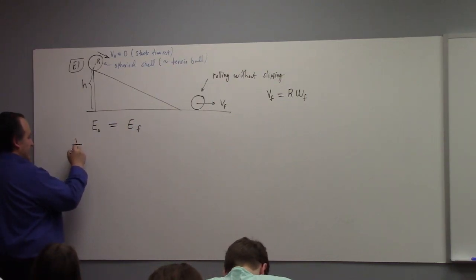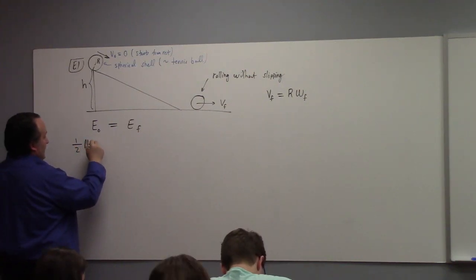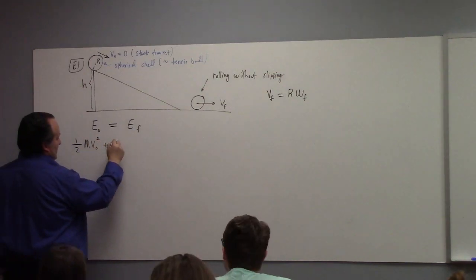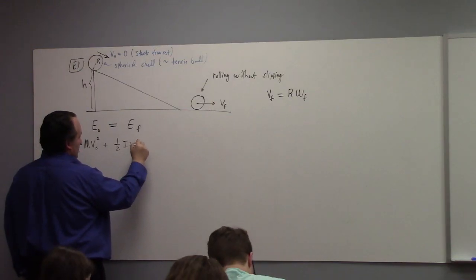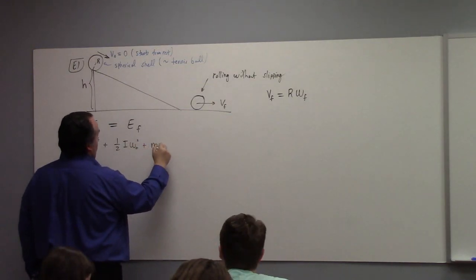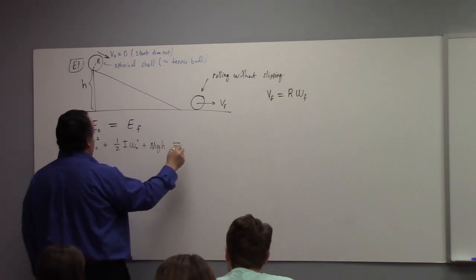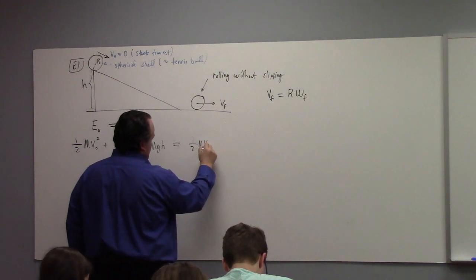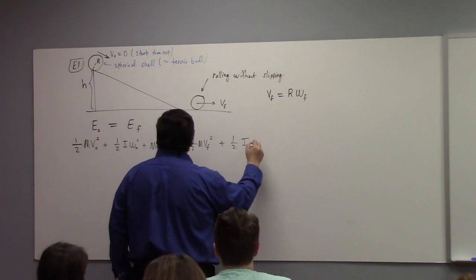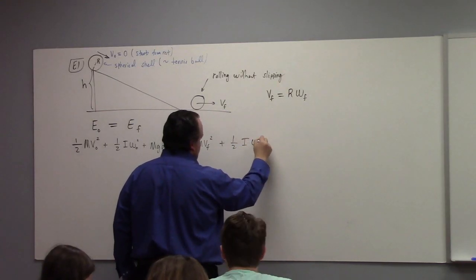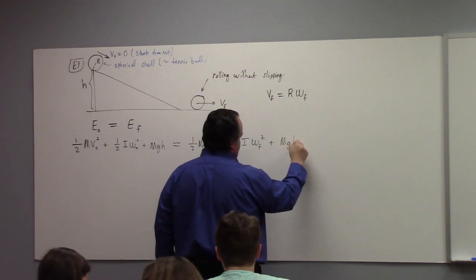The translational kinetic energy is what we already talked about, 1/2 m v naught squared, plus 1/2 I omega naught squared, plus big M gh, is equal to 1/2 m vf squared plus 1/2 I omega f squared, plus mg times the final h.